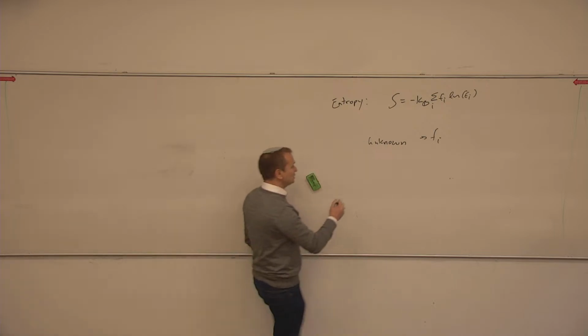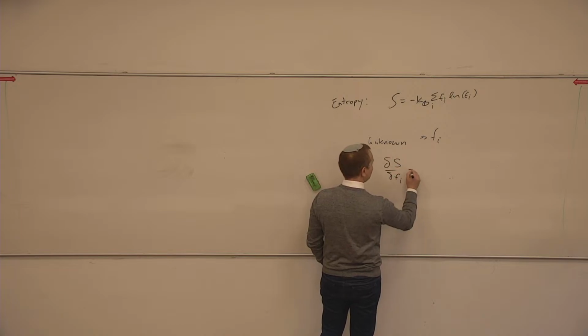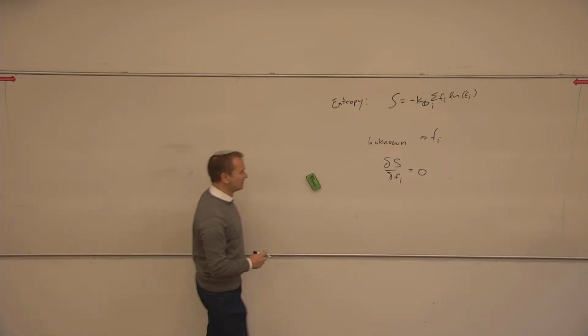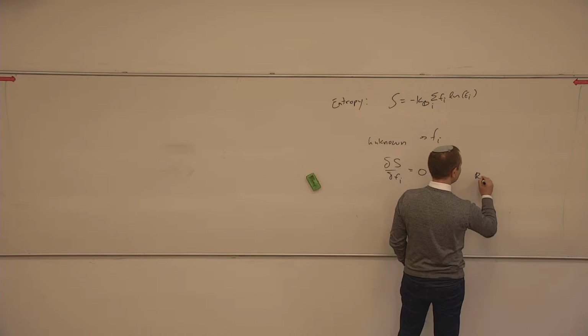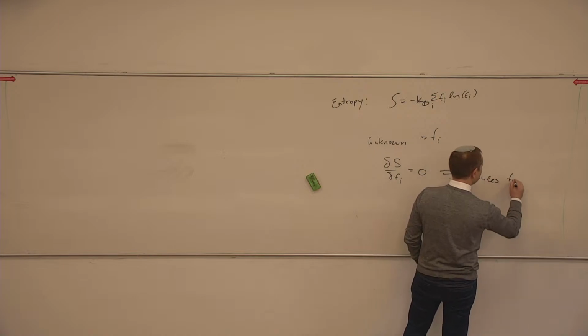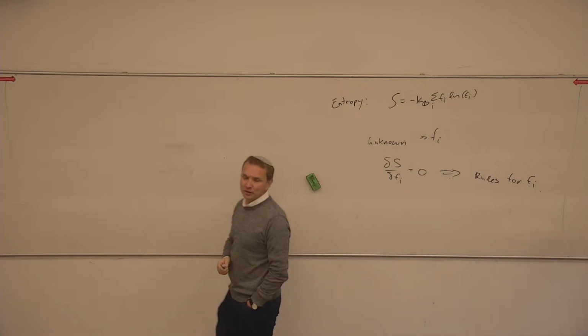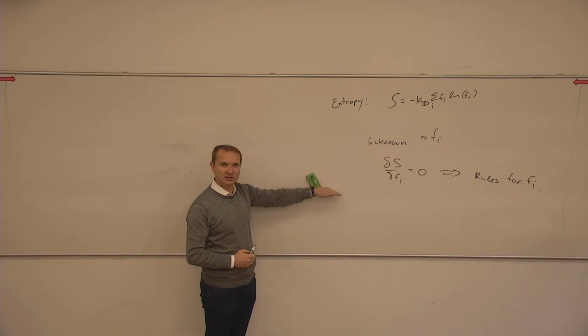Okay? So we look for delta S over delta f_i equals 0. And out of this, we find rules for f_i. So this is the algorithm. You start with the entropy, you look for the extremum.